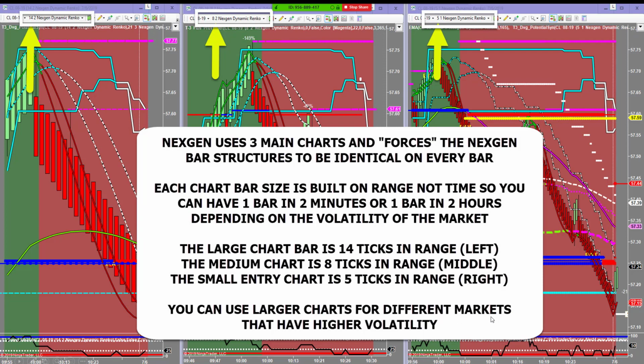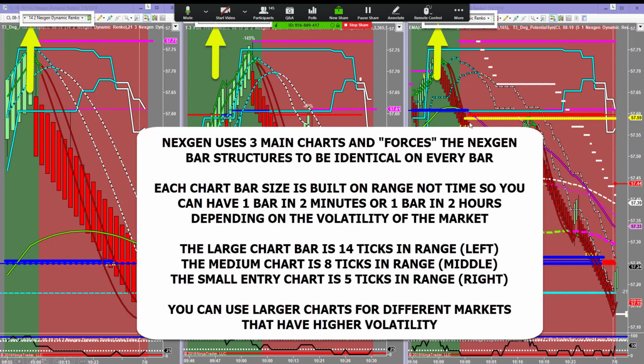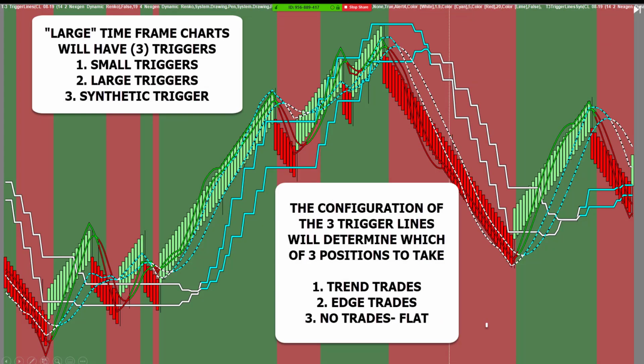If you look at the NASDAQ or Dow Jones or you trade Apple weekly options, you might have to have a bigger chart than this, of course. But this is for futures trading, where we spend most of our time. The idea is to have the right trigger line configuration on our big chart, which will determine whether we're going to do a trend trade or trade from the top or bottom.